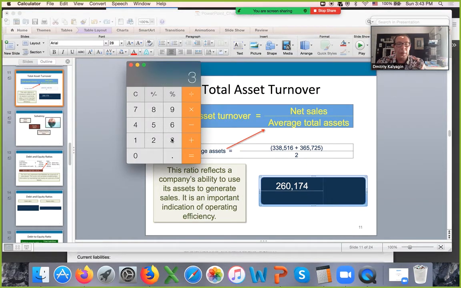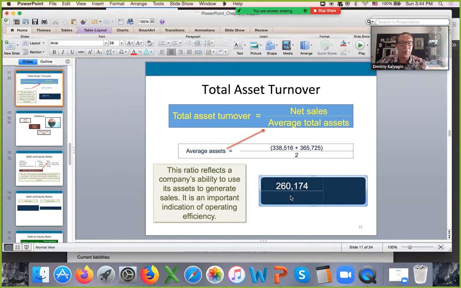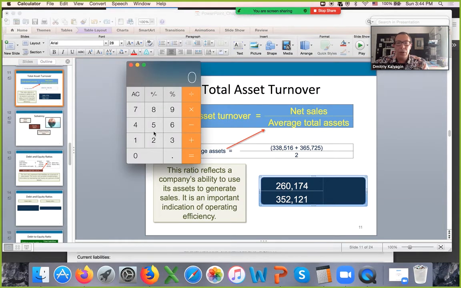We have 338,516 plus 365,725, and we divide this by 2 to get the average, and I'm going to round up. So my average is 352,121. And so guys, let me zero it out.